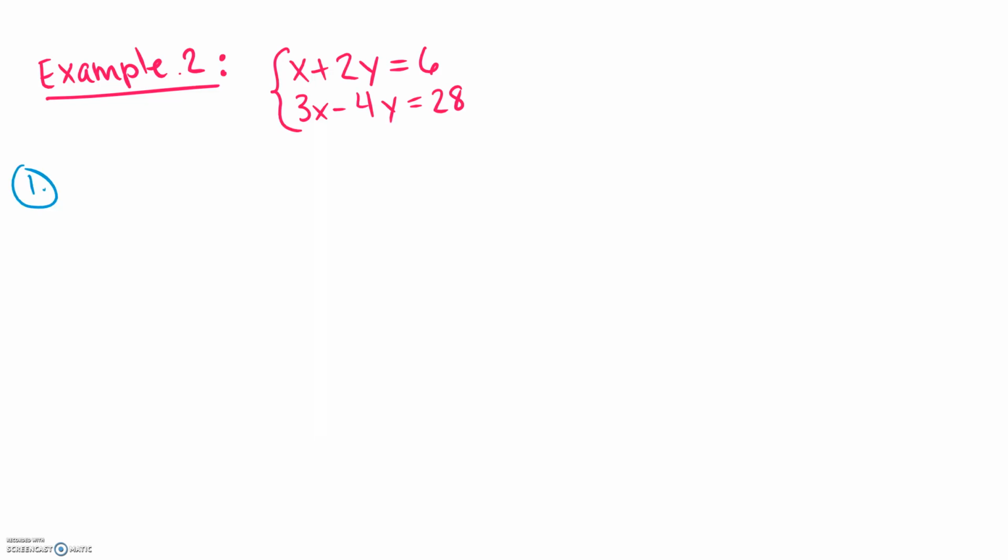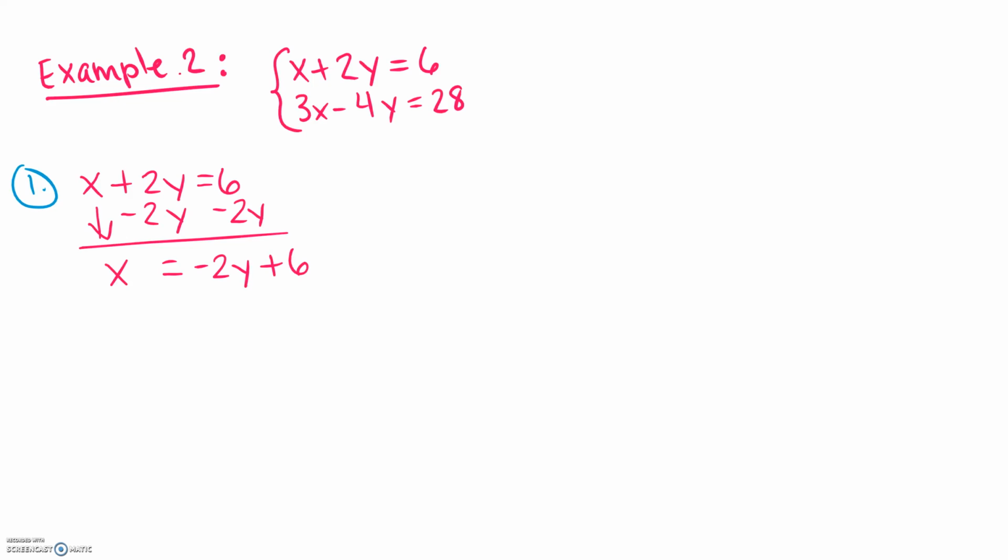So let's start with that equation: x plus 2y is equal to 6. Now to get my x by itself, I'm going to subtract 2y from both sides. And that will leave me with x, and 2y minus 2y cancels out, and I'm left with negative 2y plus 6 on the other side. So now I've solved for x. I don't have a solution for it, but I've solved for it.